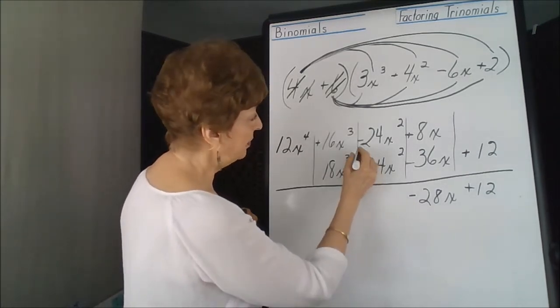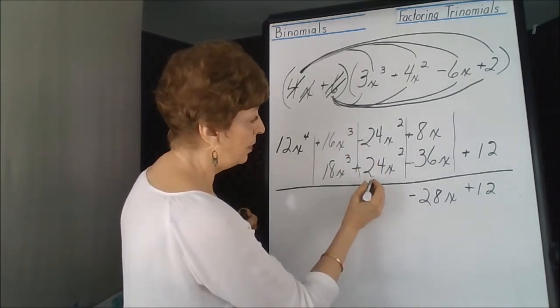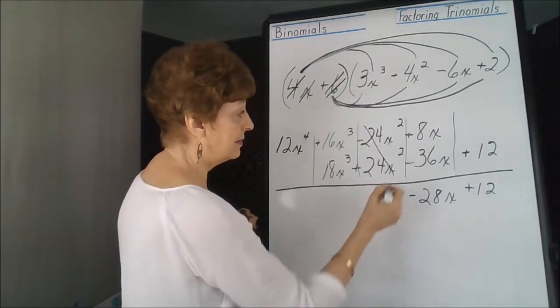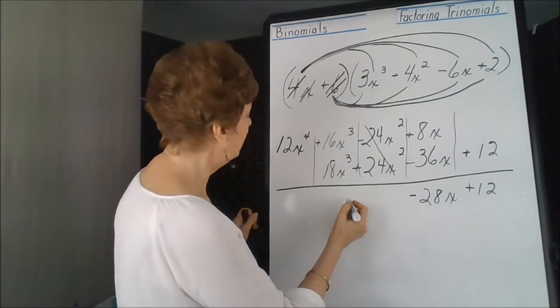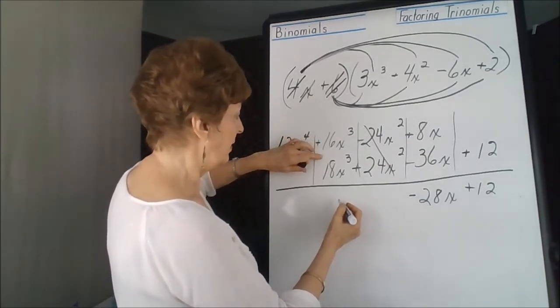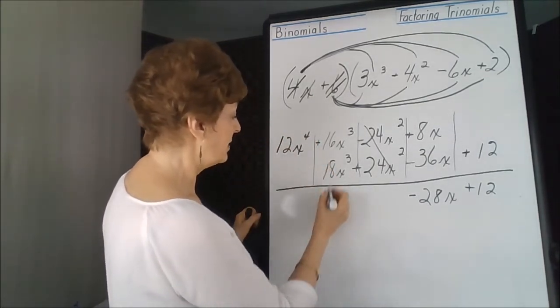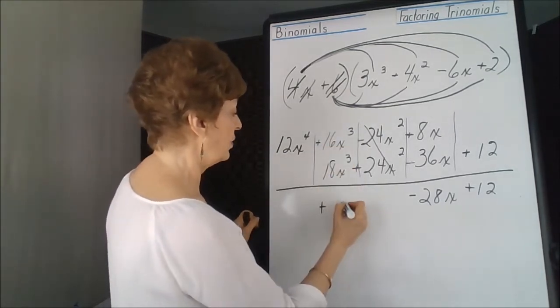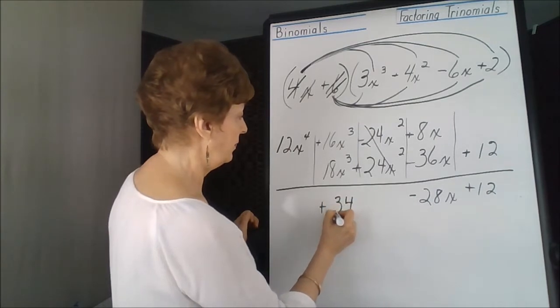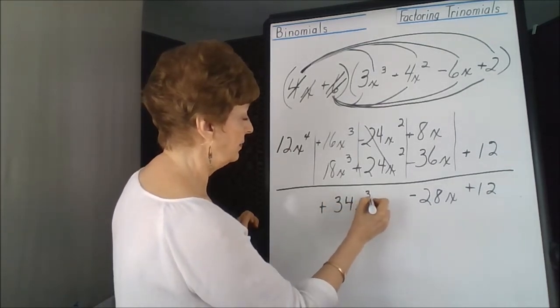Next, we have a positive and a negative 24x squared. This cancels out. There's nothing there at all, so I can just move on, and we would get 2 positives, so this is a positive, and we've got 8 plus 14... 34, x cubed.